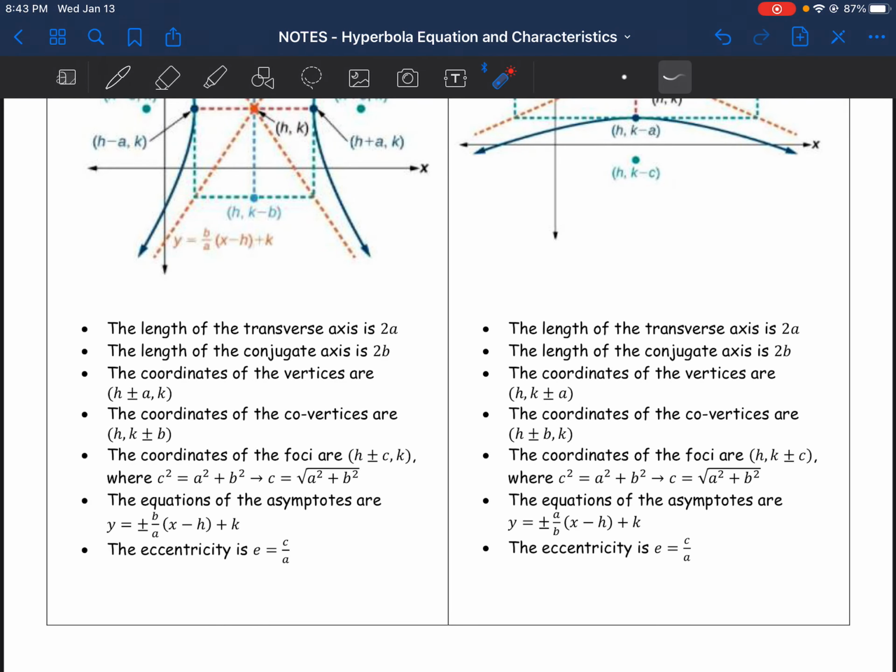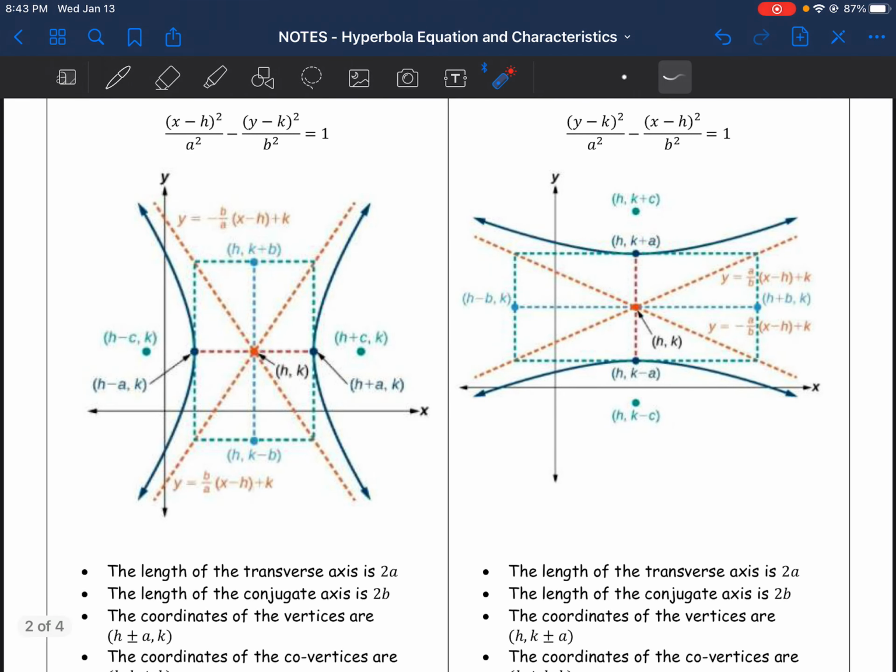Okay. Another key difference that we want to talk about with hyperbolas is the C term. So the C term is still going to be the distance from the center to a focus, but notice that with these hyperbolas, the focus points, the foci, are located here. For a hyperbola that opens left or right, here's the foci.